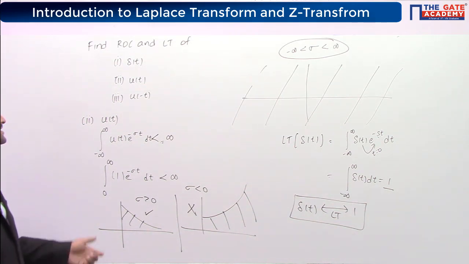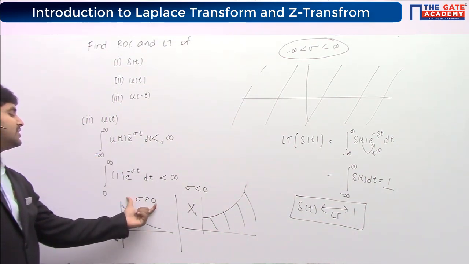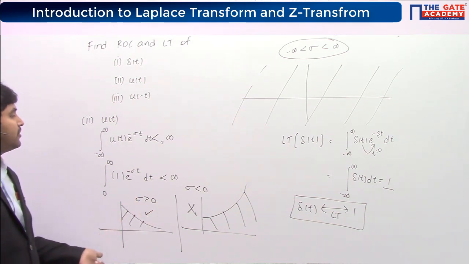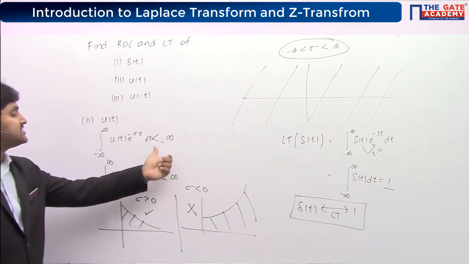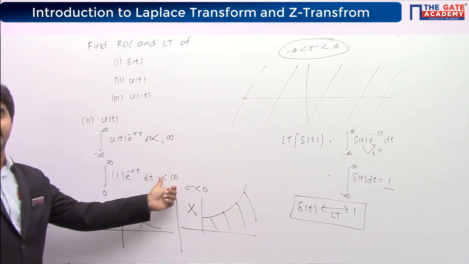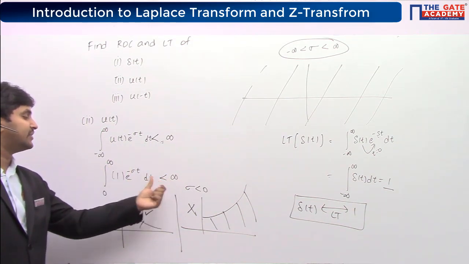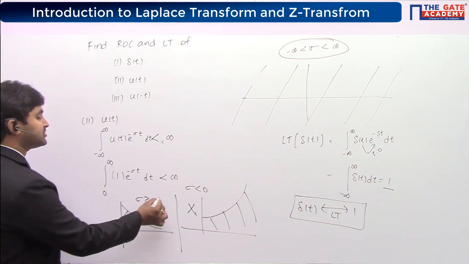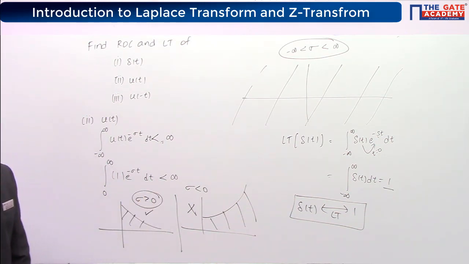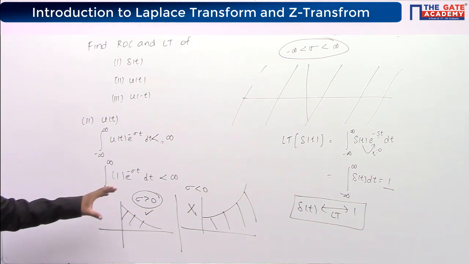Therefore, only for the region of sigma greater than 0 do we have a value that is less than infinity. The area is going to be less than infinity only for sigma greater than 0. Please let me know once you have understood this.